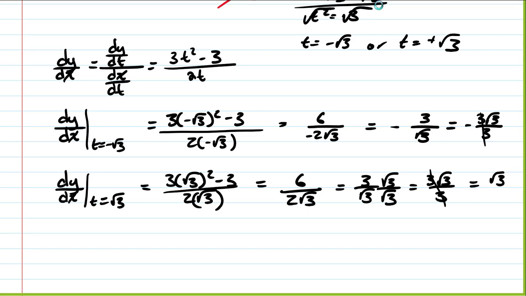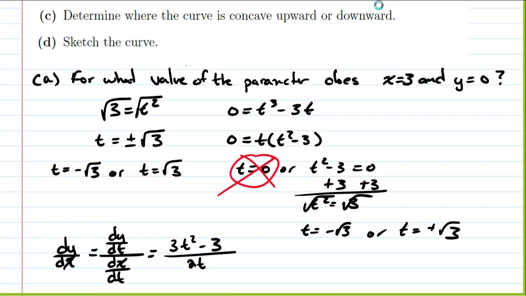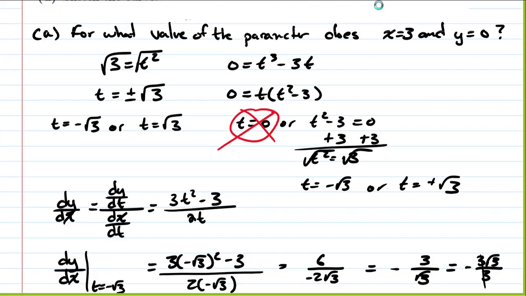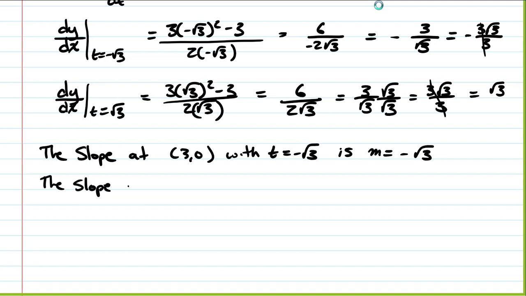So our derivative at the point, and our point was (3, 0), with t equal to the negative square root of 3 is negative root 3. And the slope at (3, 0) with t equal to the positive square root of 3 is positive square root of 3.